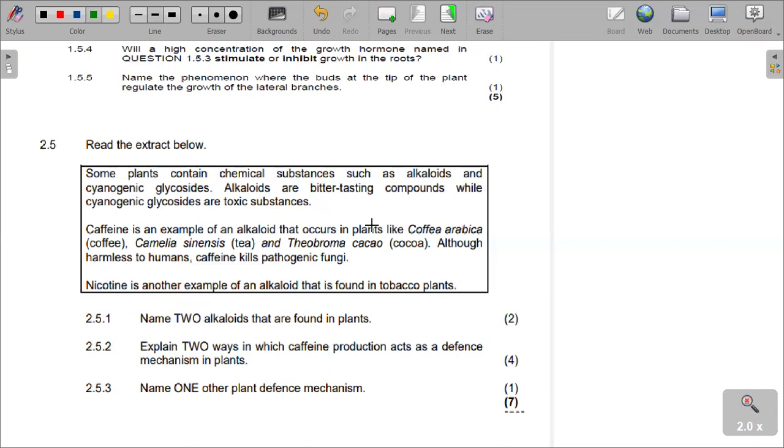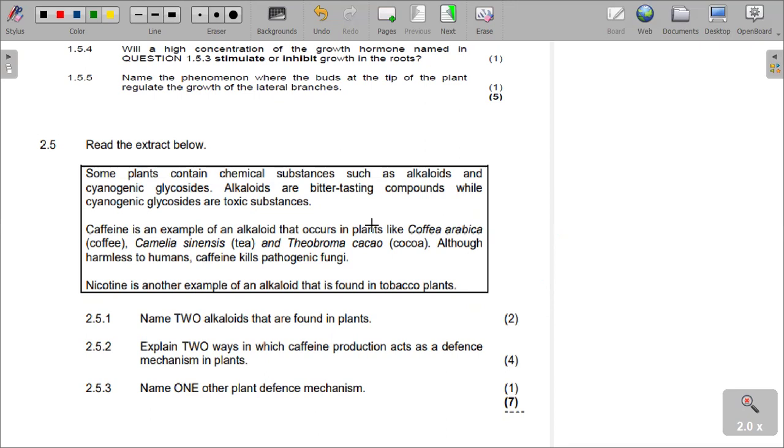Caffeine is an example of an alkaloid that occurs in plants like coffee. Although harmless to humans, caffeine kills pathogenic fungi. Nicotine is another example of an alkaloid found in tobacco plants. So in this extract, we answer questions that have to do with plant defense mechanisms.